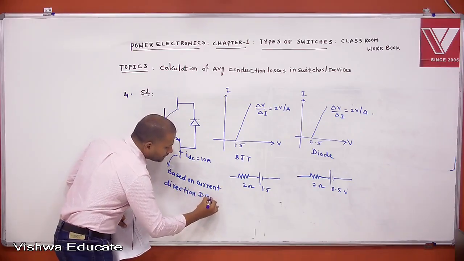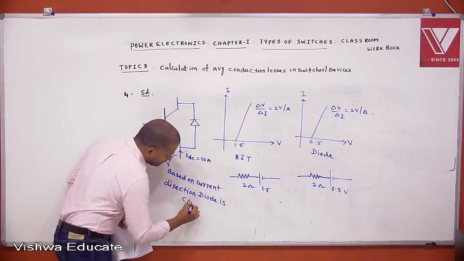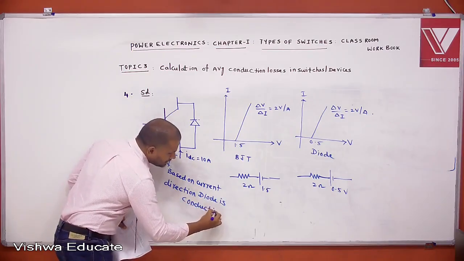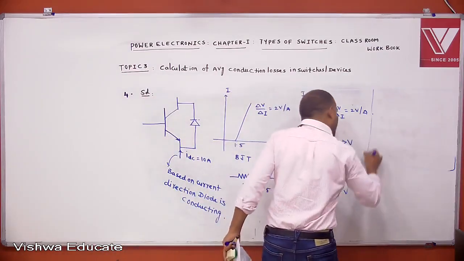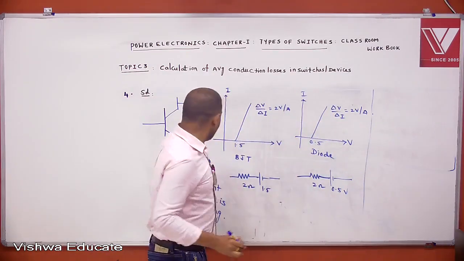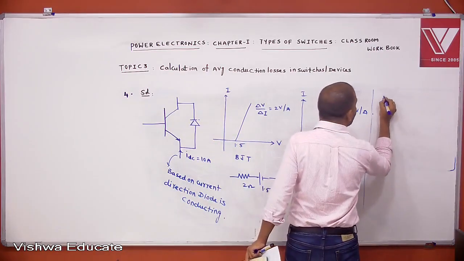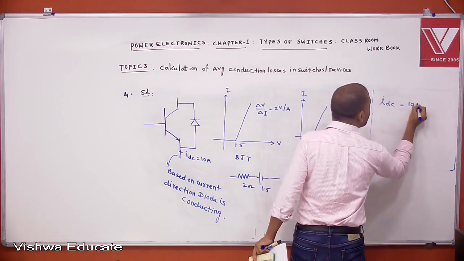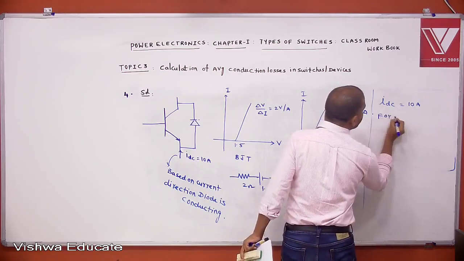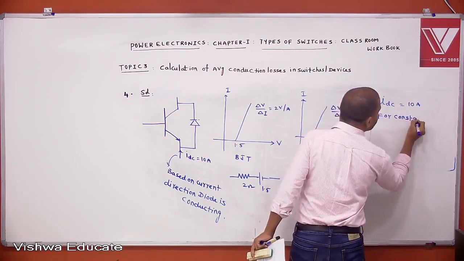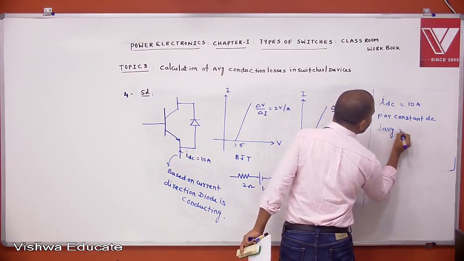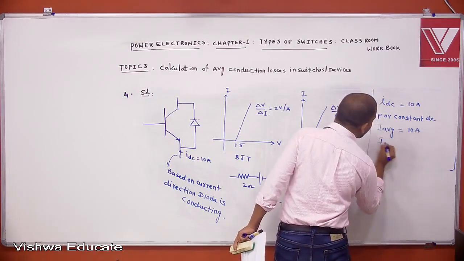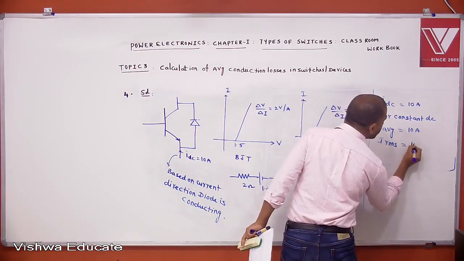The diode is conducting. Hence, calculate power loss in the diode. Given a constant DC current of 10 ampere, for constant DC the average is 10 ampere and the RMS is also 10 ampere.